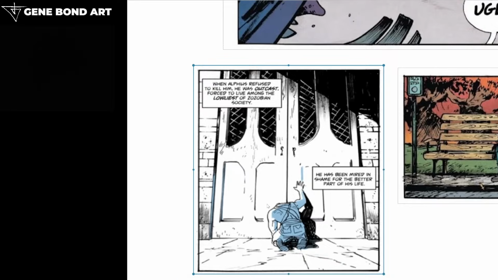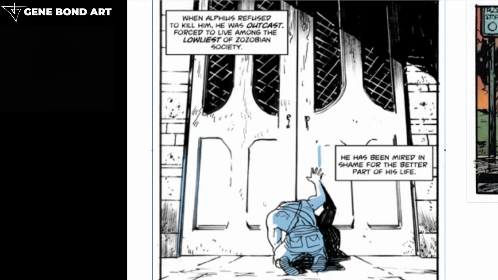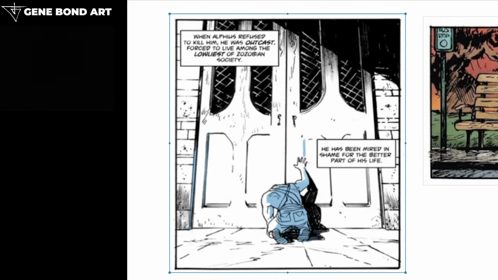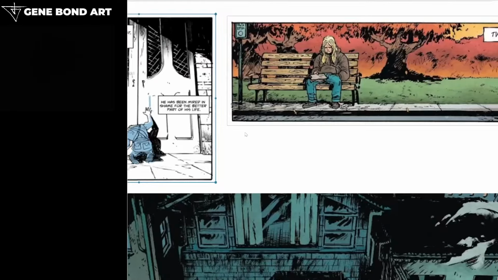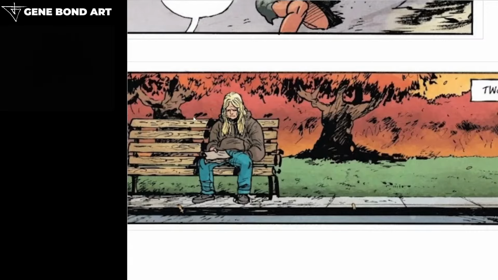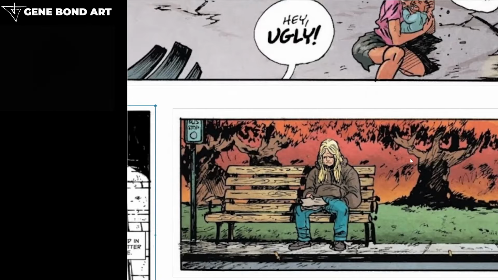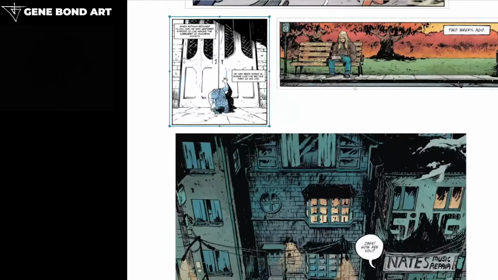This one is between a full shot and a wide shot. It's important to show the environment element here, this gate. Then this is a full shot. Even here his seat is still considered a full shot because we see the full body.